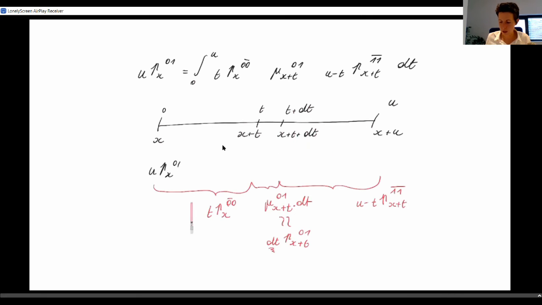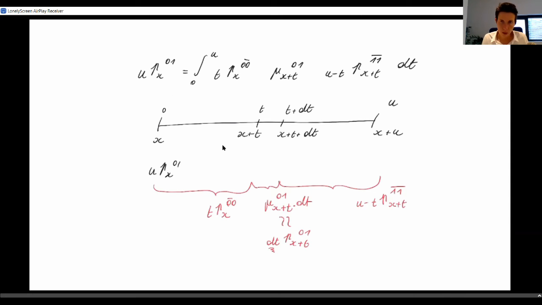In order to make this transition from 0 to 1, you're going to stay in state 0 up to a certain time point, then do the transition in a very small interval after reaching age x plus t, and then you're going to stay in state 1 for the rest of the considered time interval.